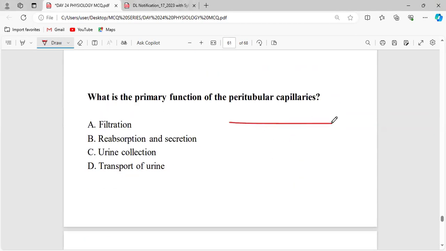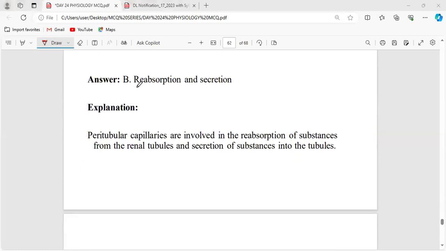Now, what is the primary function of peritubular capillaries? The function will be reabsorption and secretion.